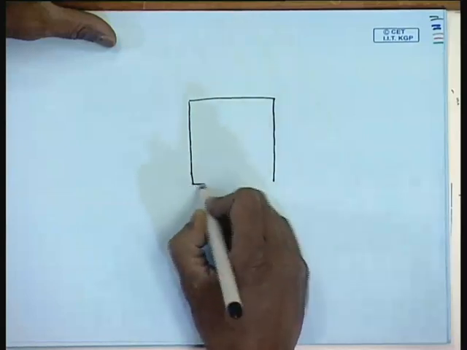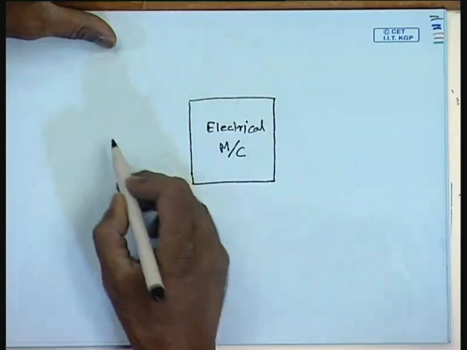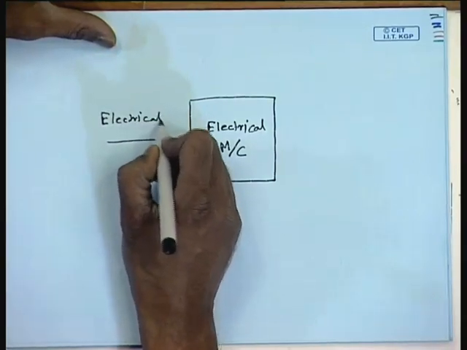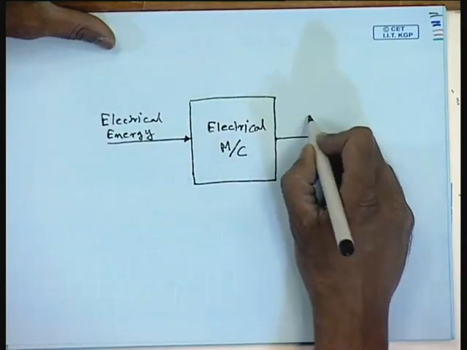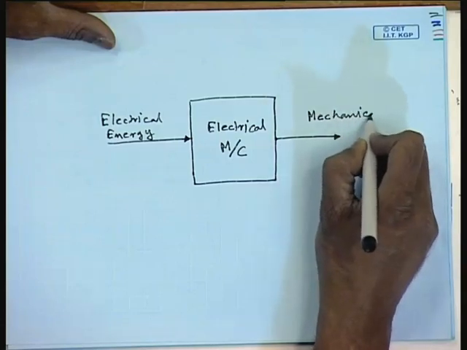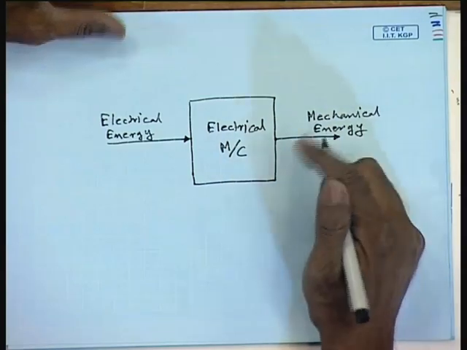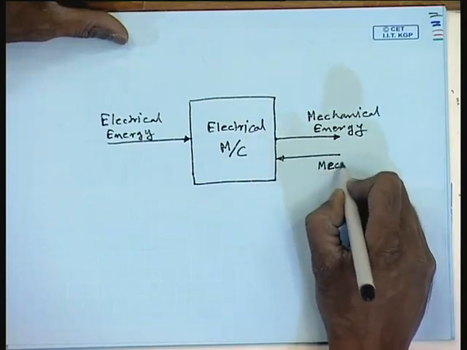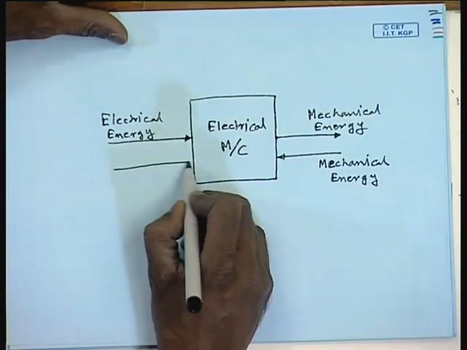That is, if you have an electrical machine, it can take electrical energy as input and give out mechanical energy as output, or we can reverse the direction of energy flow, that is, mechanical energy can be input and electrical energy can be output.